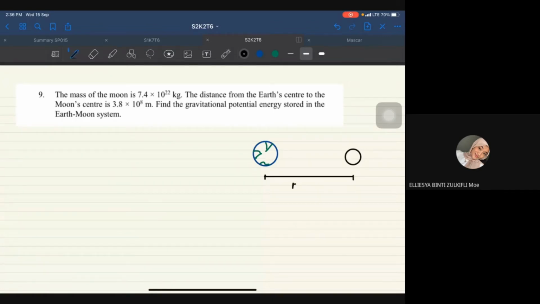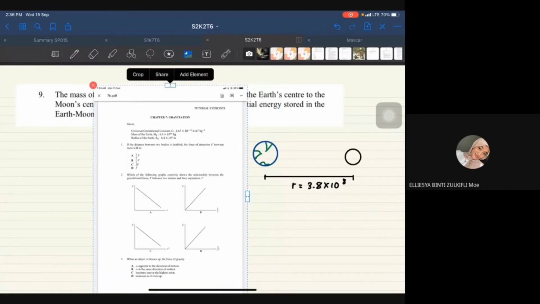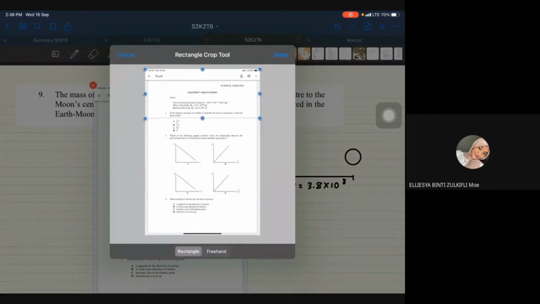So R is equals to 3.8 times 10 to the power of 8. Okay, how do you get the mass and all? Maybe you can get from the constant yang kat depan tu. They did give you dekat depan sebelum soalan objektif.